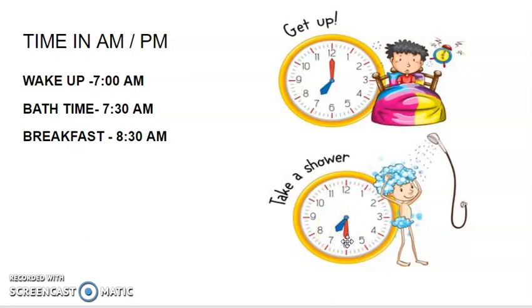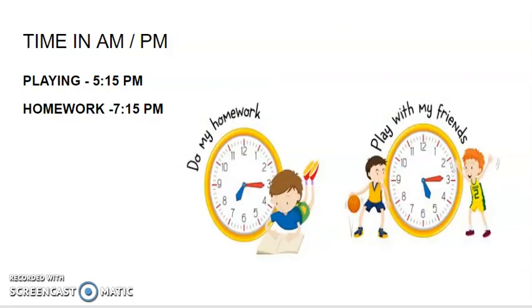So 7:30 a.m. you take a shower. What time do you eat breakfast? You eat breakfast at 8:30 a.m. So all the time before 12 noon is called a.m. time.